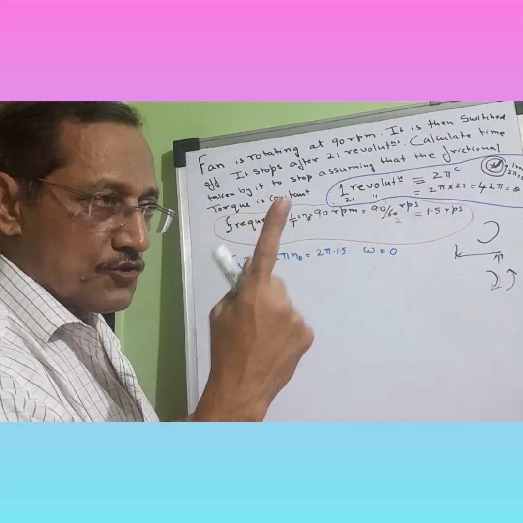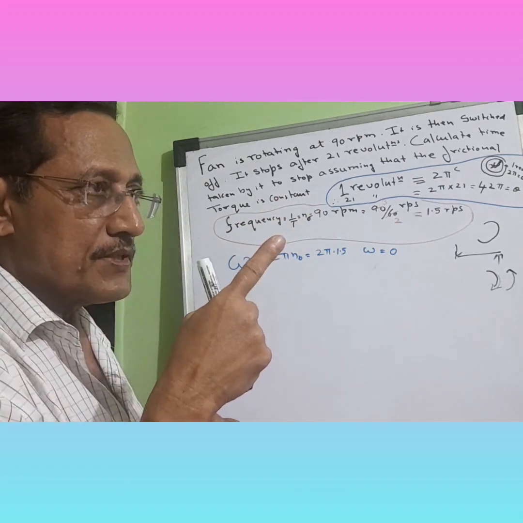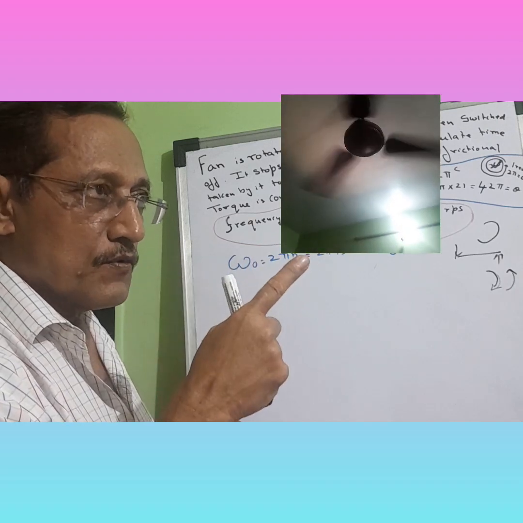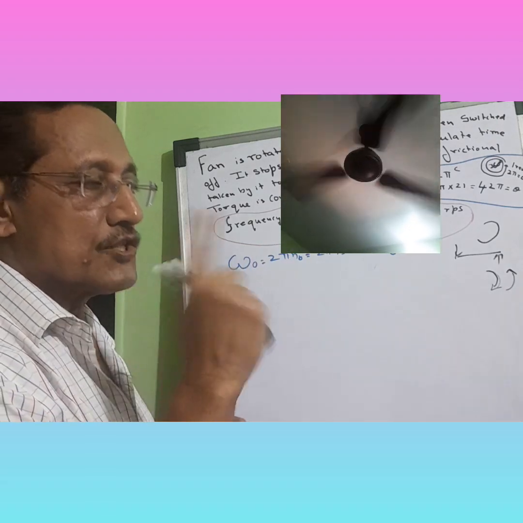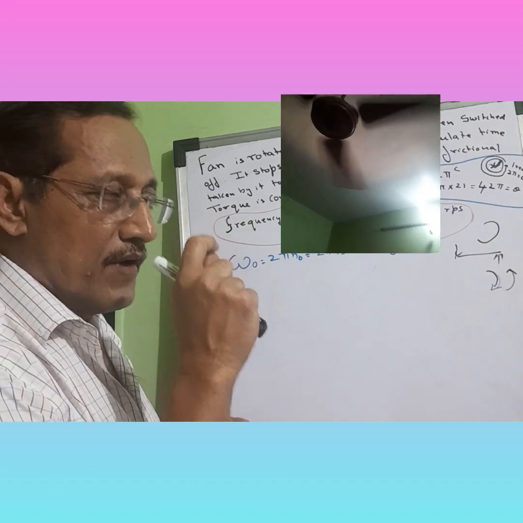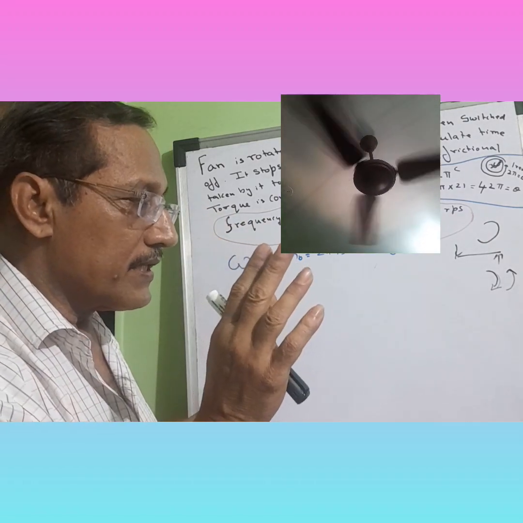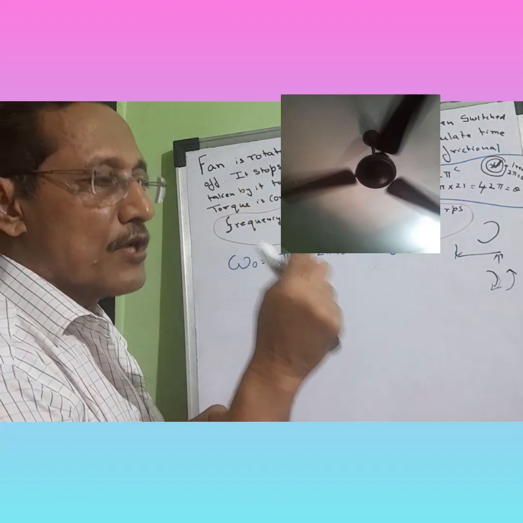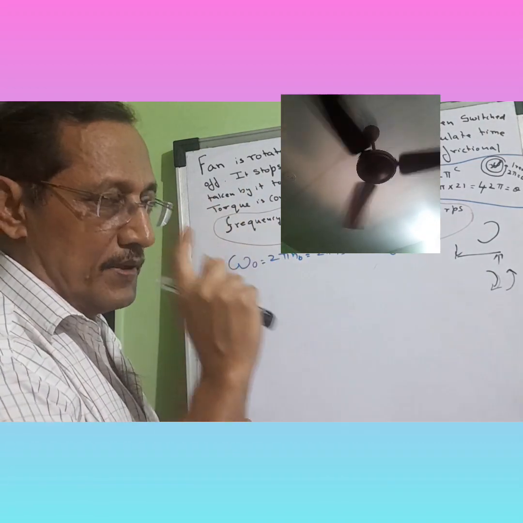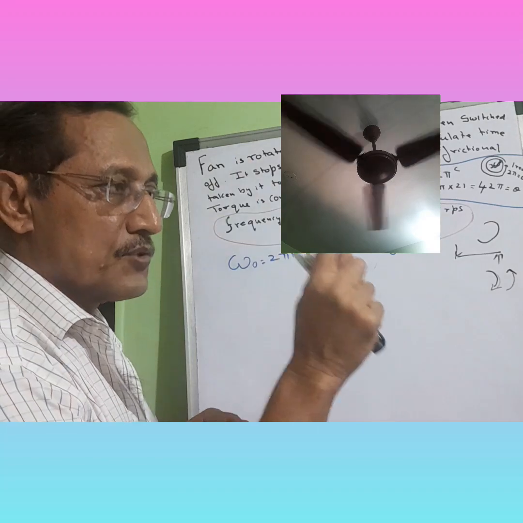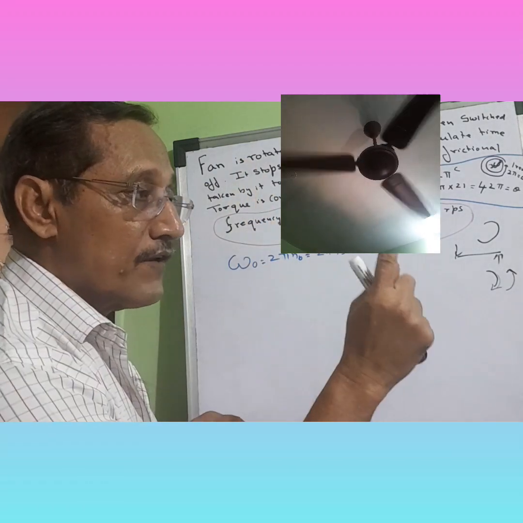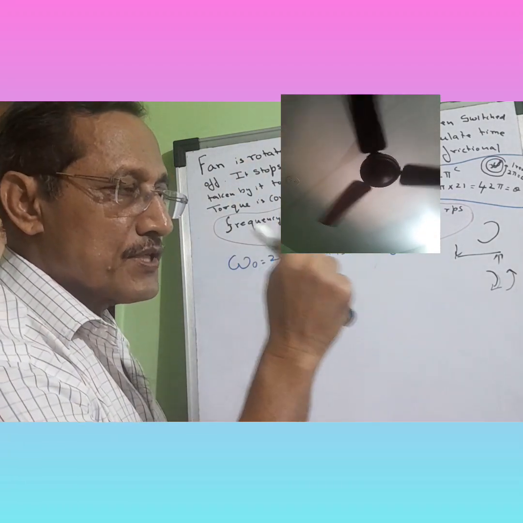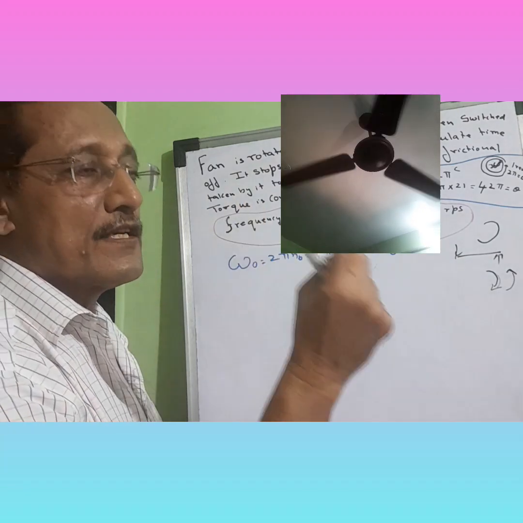Alright, so I switched off. Let's see the situation now. The fan is moving, then I switch it off. When I switch it off, there's no power going in there, but it takes some time to stop. So some revolutions happen before the fan stops.